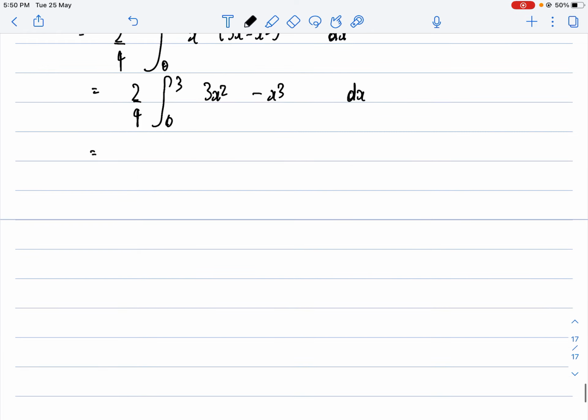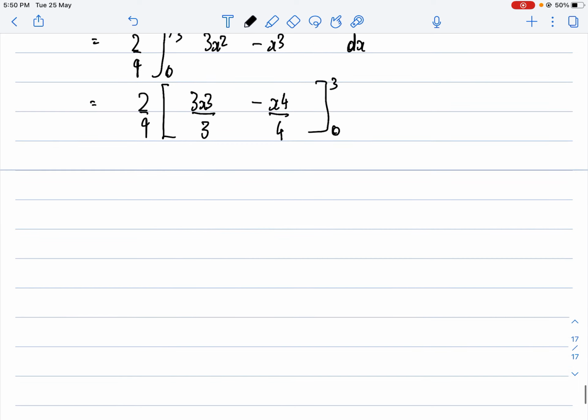So I can write this as 2 over 9 with 3x cube over 3 minus x raised to 4 over 4, with the limits 0 and 3. Now this is 2 over 9 with x cube minus x raised to 4 over 4, with the limits 0 and 3.